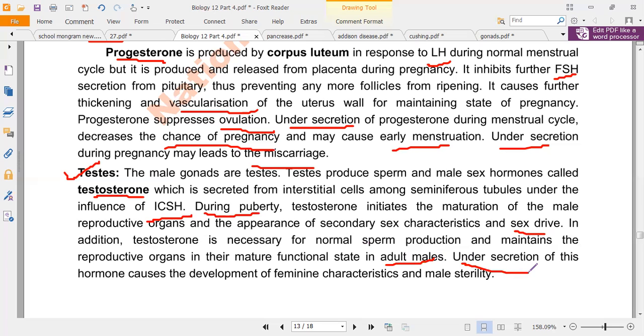Under secretion will lead to feminine characters, because it is the proper male hormone, so under secretion develops female characters, and sterility can follow, because the person cannot be fertile and cannot produce offspring.